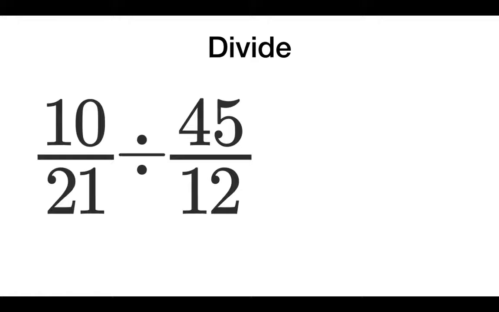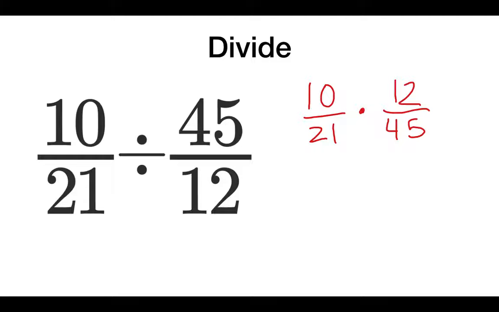Now, for those of you that have forgotten, the word reciprocal means that we take the numerator and denominator and we switch them. So let's try this. It becomes 10 over 21 times 12 over 45. See? 45 over 12 becomes 12 over 45. The denominator became the numerator.